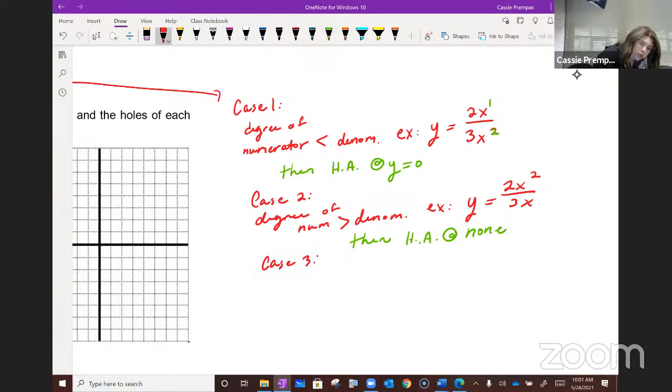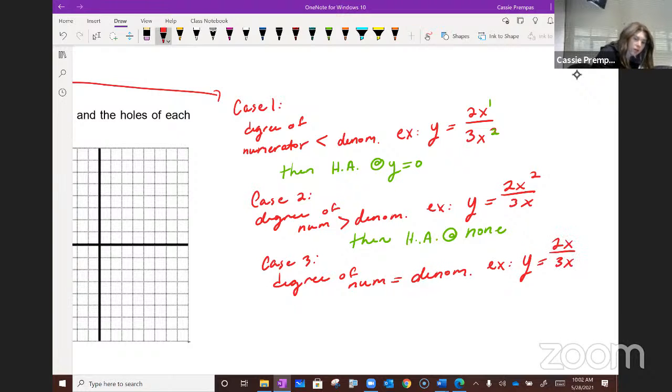Case number 3. If the degree of the numerator is equal to that of the denominator, an example of this would look like y is equal to 2x over 3x. Then your horizontal asymptote is going to be at y equals what?